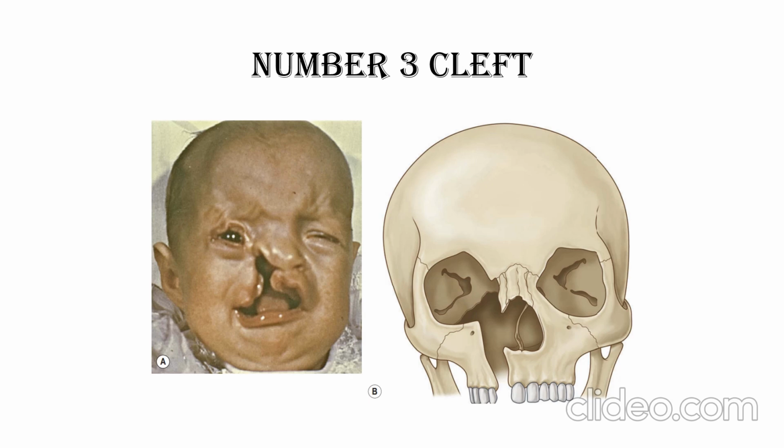The clinical presentation is again a cleft lip, a paramedial cleft, and there is involvement of the philtral column. The floor of the nose is involved. Deficiency of the alar base might be present, and the lower eyelids are involved. So we can see here there is a cleft of the lip, deficiency of the philtral column, involvement of the floor of the nose, deficiency of the alar base, and the lower eyelids are also involved.